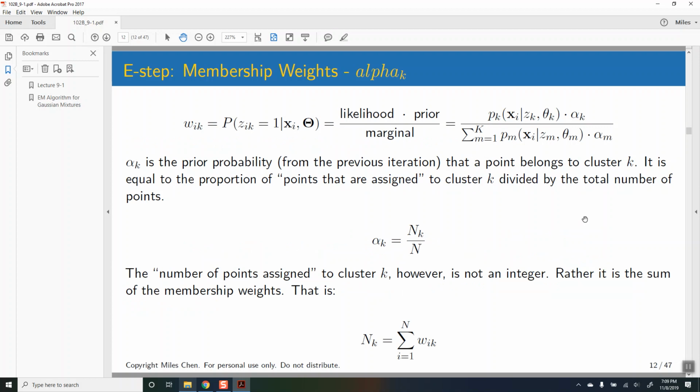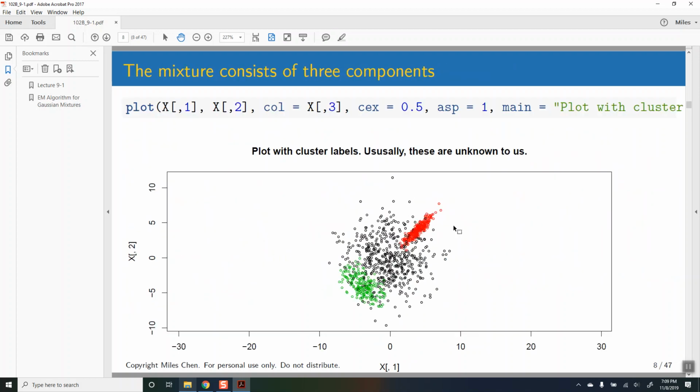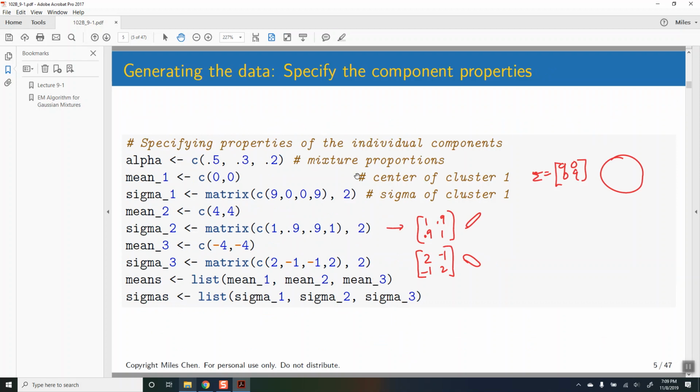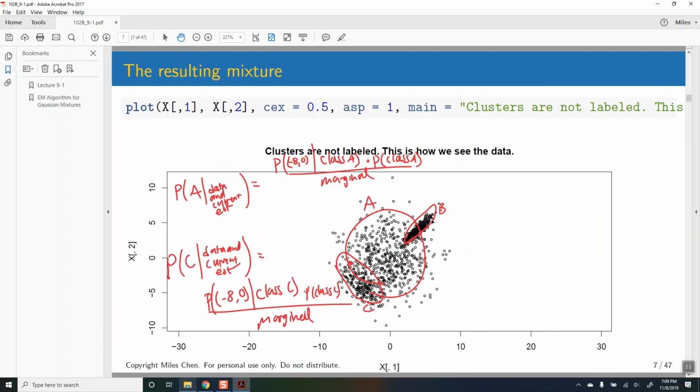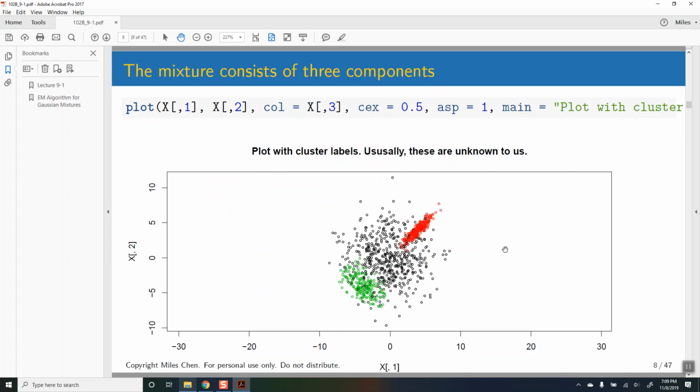All right, so the alpha, this prior, is basically the proportion of points that belong to a certain cluster. When we generated this, we said 30% belong to this cluster and 20% belong to another, something like that.